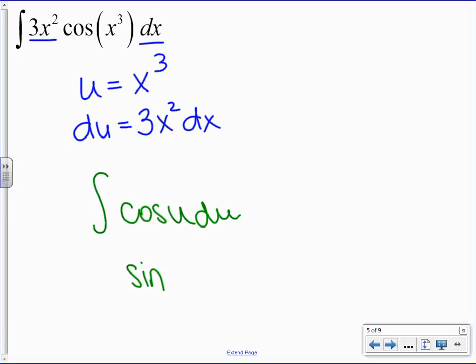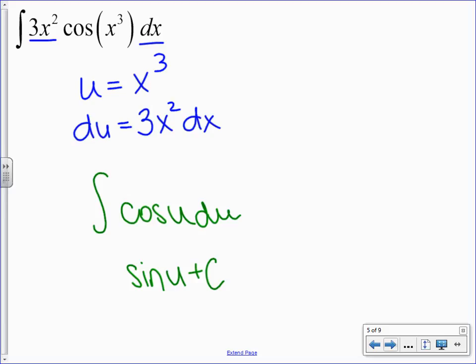Do we all agree that it's positive? Okay, how do we check ourselves? The derivative of sine is cosine, so we're all right.